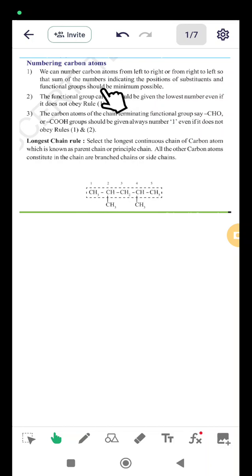For example, this is 1, 2, 3, 4, 5, and we can start from here also. If we start from here, this will be 1, 2, 3, 4, 5. So no problem. But what we have to refer is that the positions of substituents and functional group should be minimum possible. So this is the first rule.